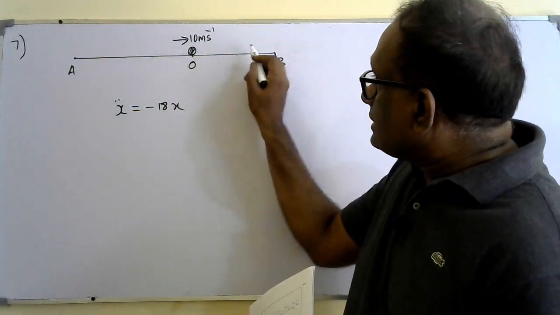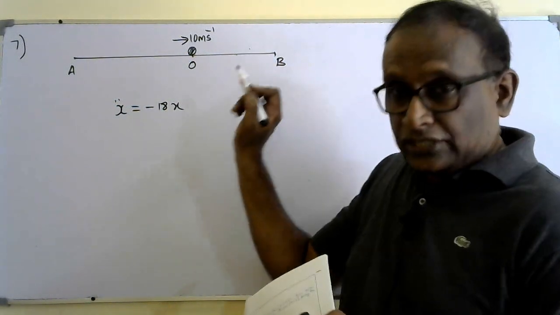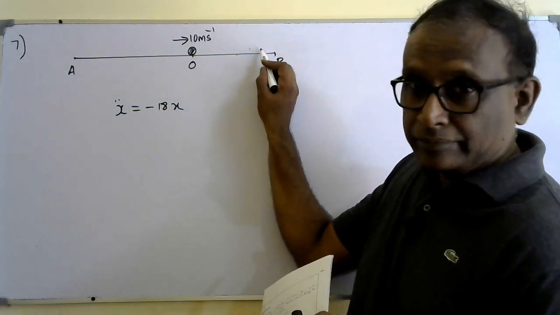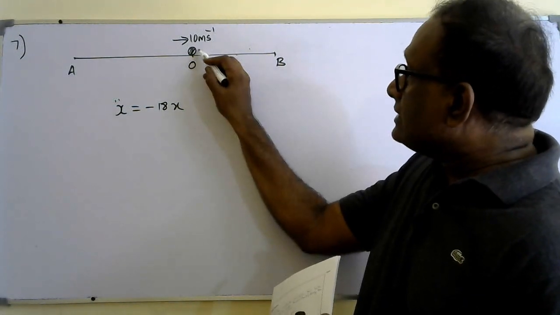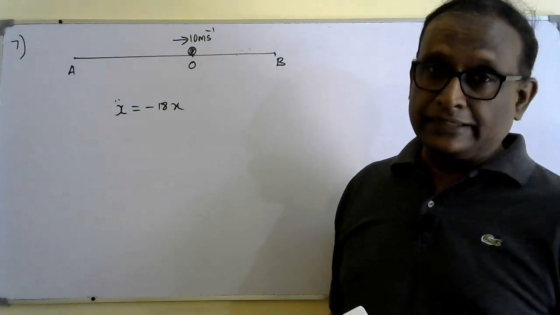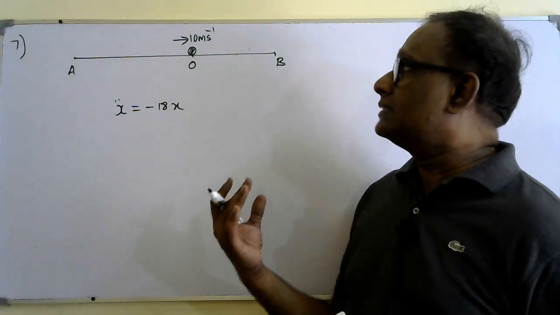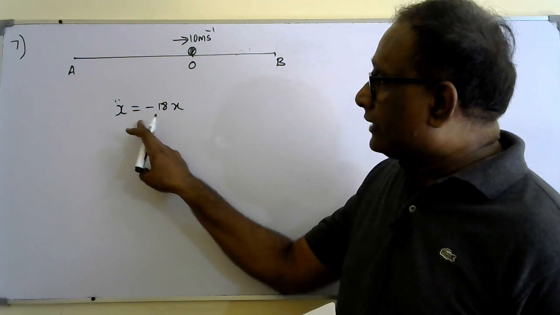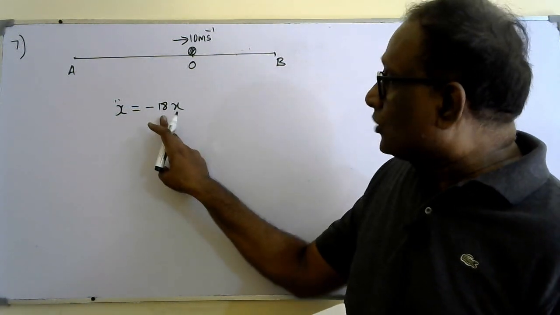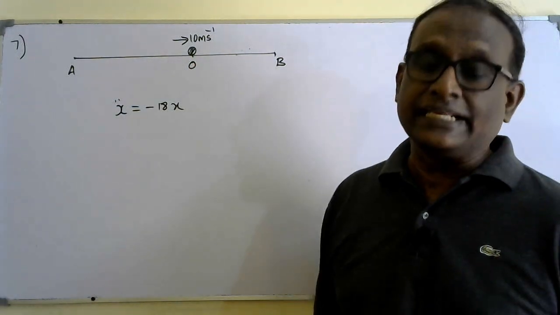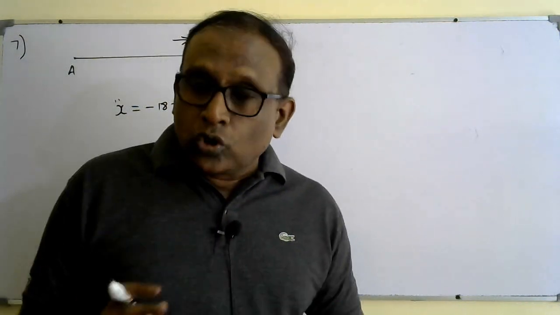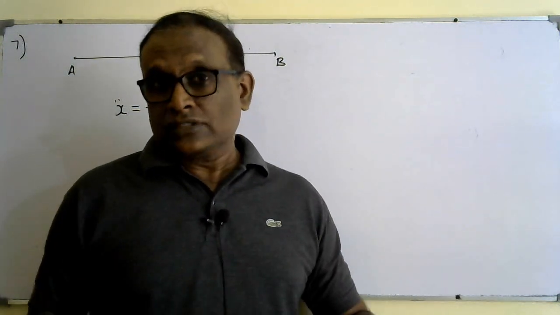It could come to rest somewhere there, the extreme position, with the tension 0 and the distance moved to the right maybe more than 0.8 meters. If that happens, the equation x double dot equals minus 18x is invalid, because it is valid only when both strings are taut.